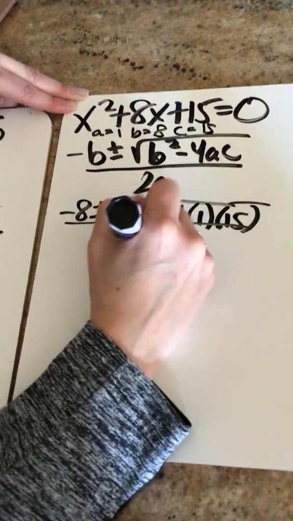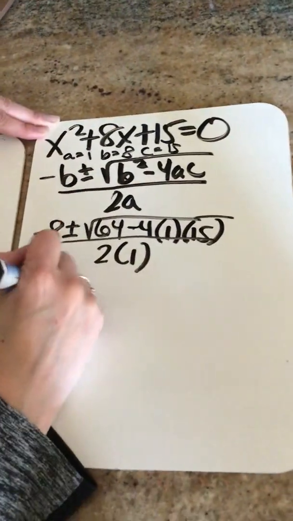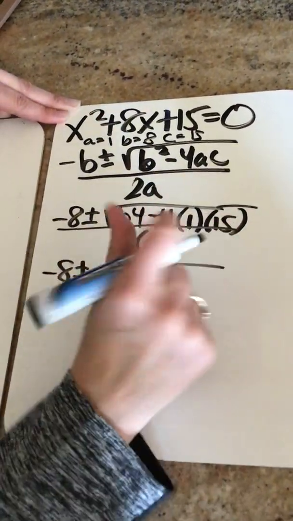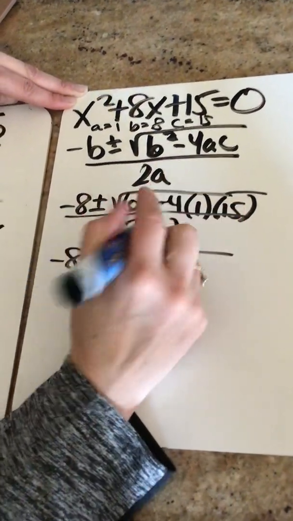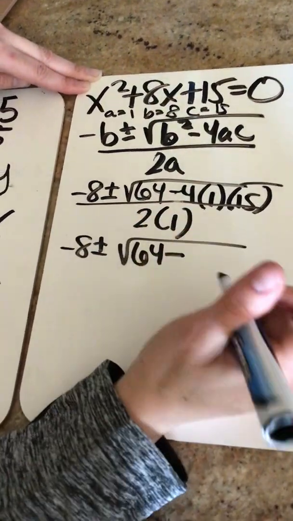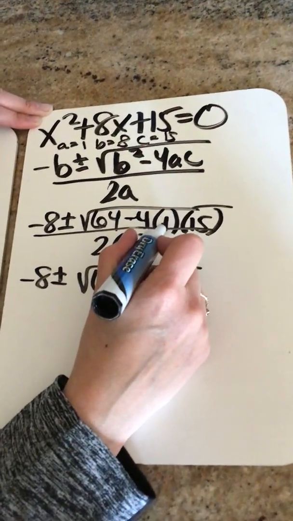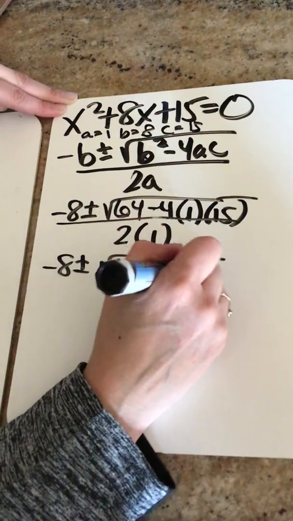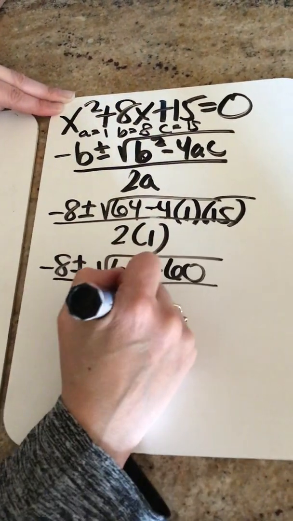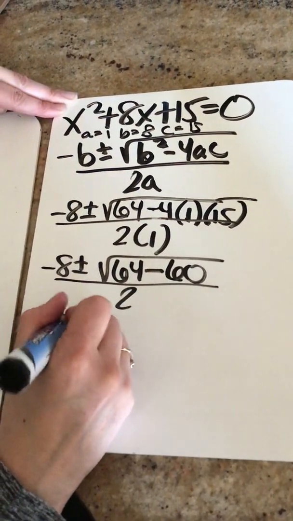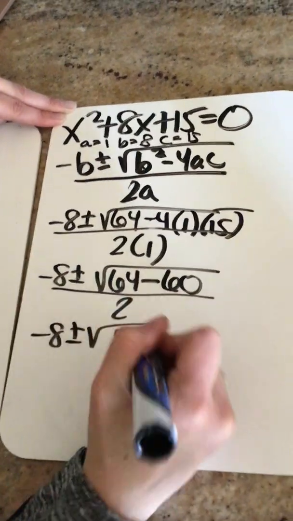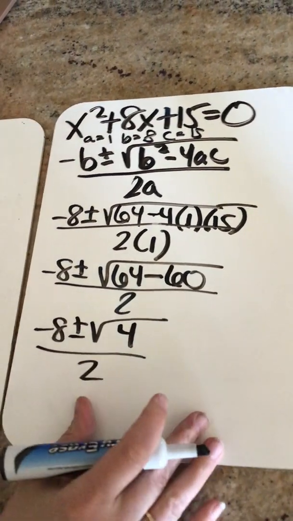all over 2a. So -8 plus or minus, how many negatives are right here? Only one, so it's going to be 64 minus 4 times 1 is 4, and 4 times 15 is 60, all over 2. So -8 plus or minus the square root of 4 all over 2. And what is the square root of 4?